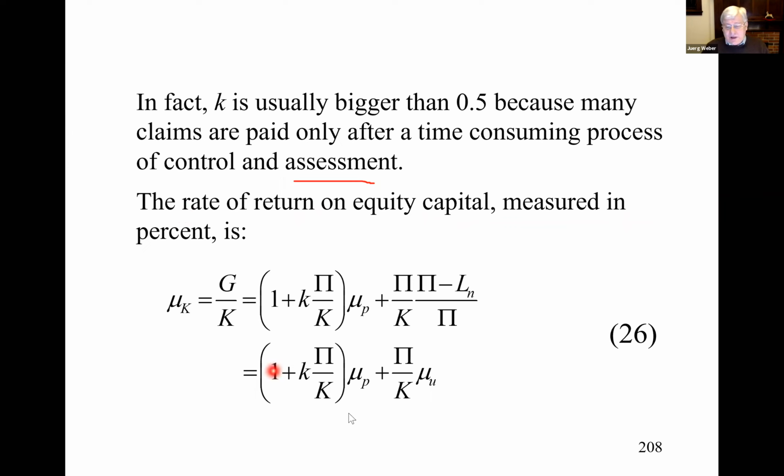Now, in fact, K is usually bigger than 1/2 because many insurance claims are paid only after a time-consuming process of control and assessment. There is also abuse here.